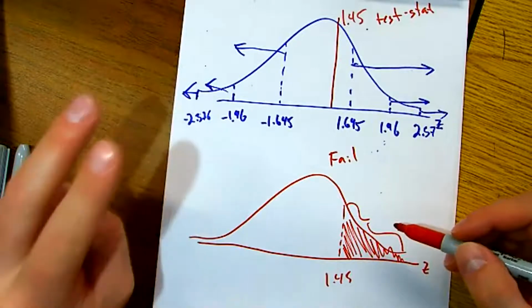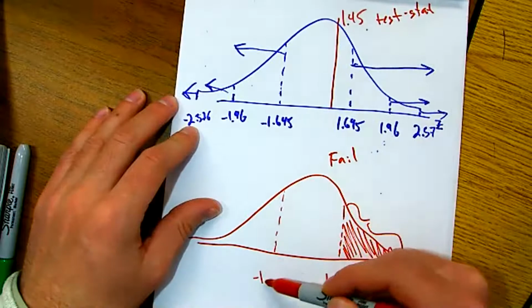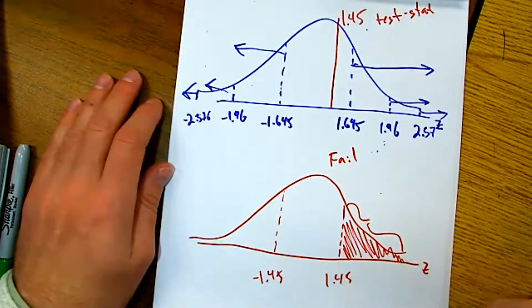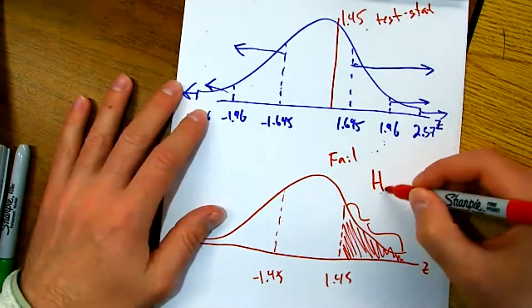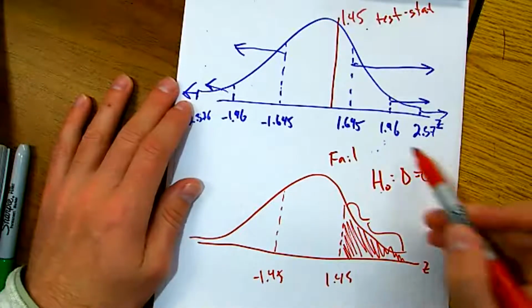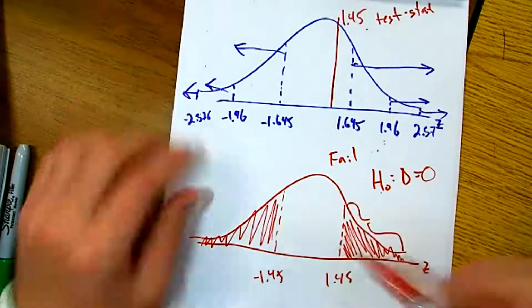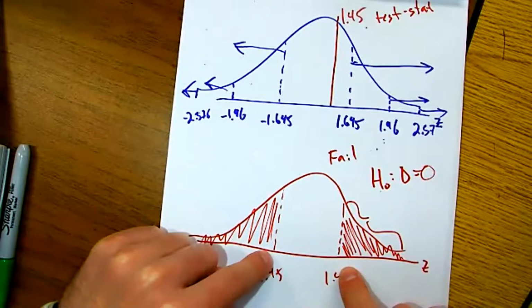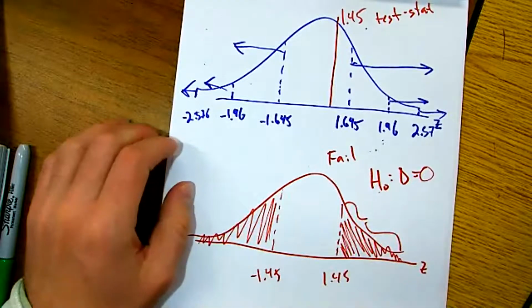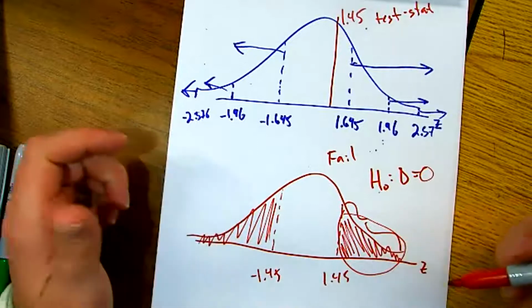However, for a two-tailed test, we could have seen something that was 1.45 standard deviations below that assumed true value. Remember, this is what we're dealing with. But if I see something below, that could also go against the null. So it would have been equally likely for me to see something that far away below the assumed true difference. So I can find this area, but then just have to remember I multiply it by 2.